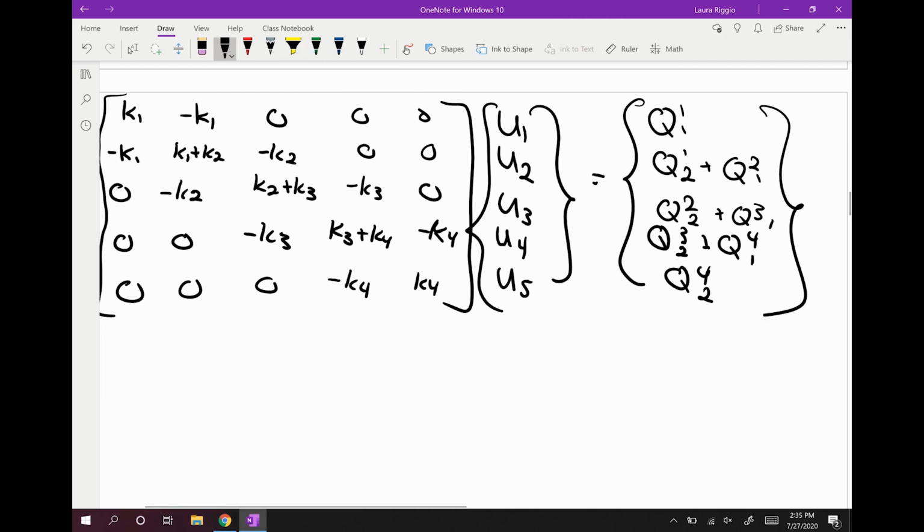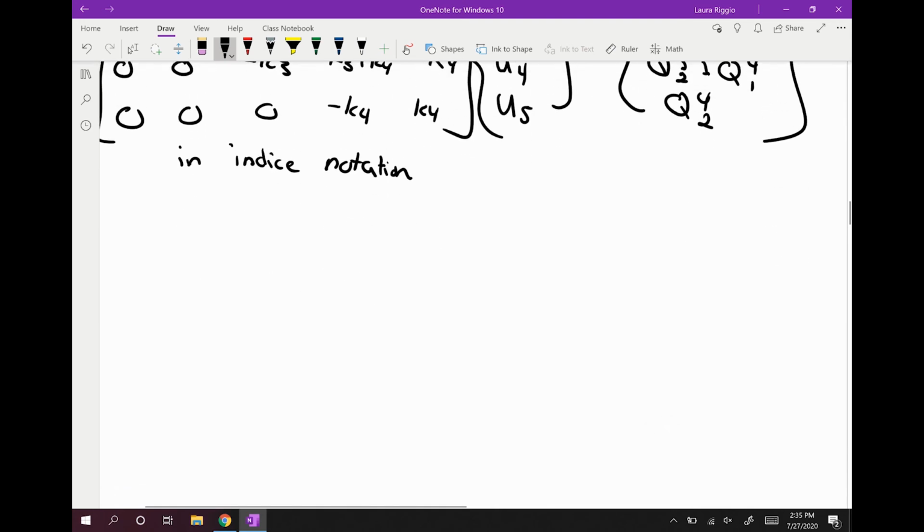So you can also write this in indicial notation because it's a lot neater and it's good practice because MATLAB is typically used to solve a lot of these problems.